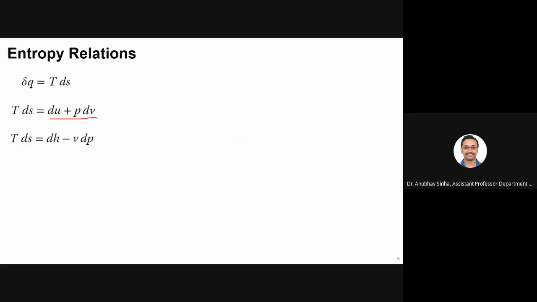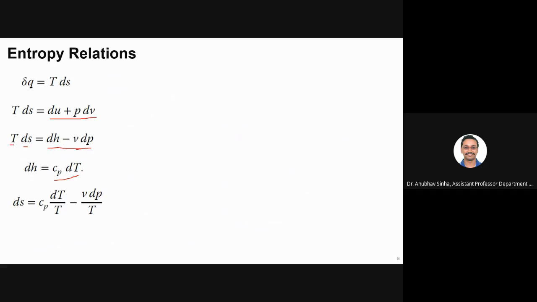Now I can also write, instead of dU, dH and then minus VdP will come. If you expand, then you will see that this is fine. Now dH is CpdT, and hence I can write dS in terms of this.